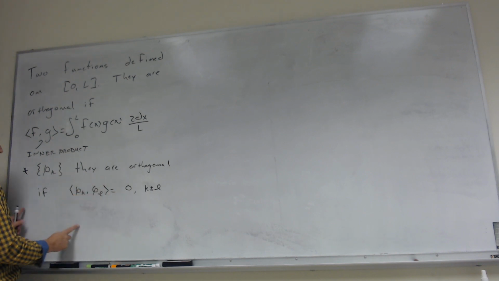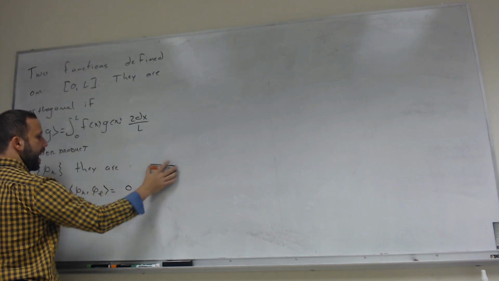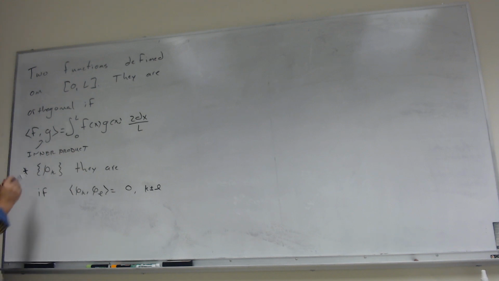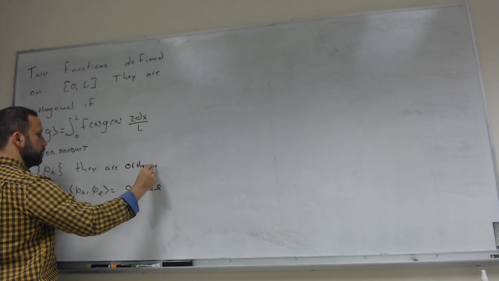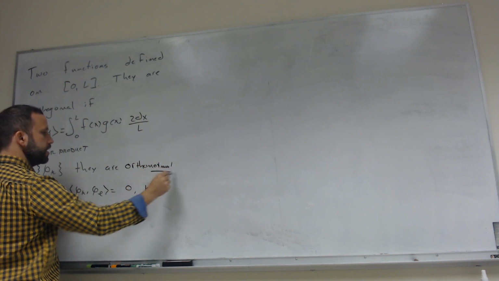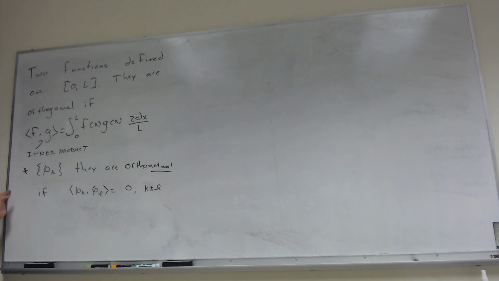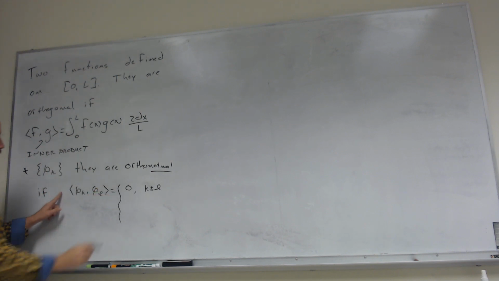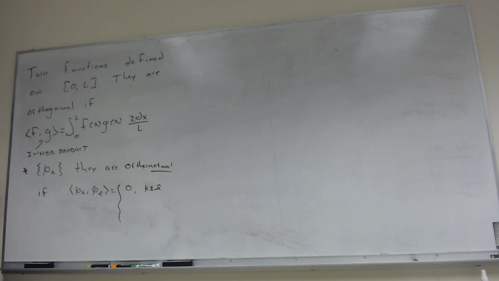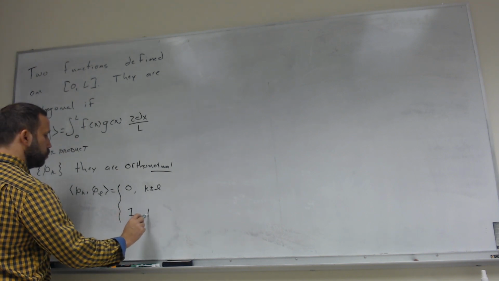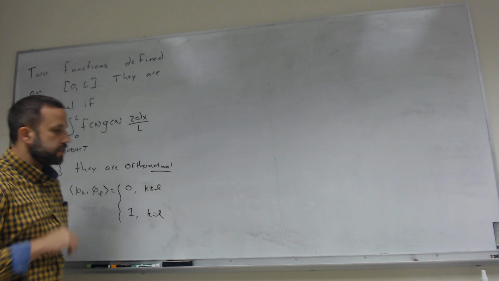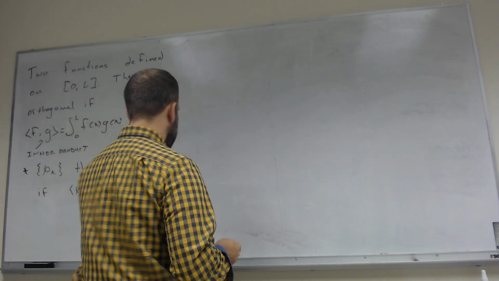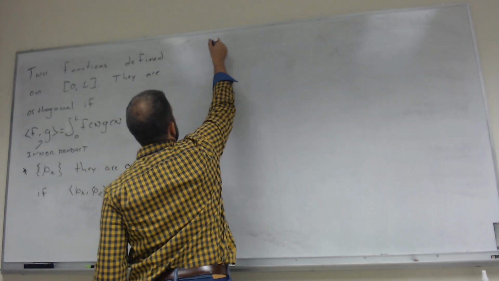We can even make this definition a little bit better. We can say that phi k are orthonormal. Hopefully these words are not brand new to you. We say they are orthonormal if this inner product is equal to 0 when k is not equal to l, and is equal to 1 if k is equal to l. The primary example that we've seen in this class is the cosine and sine functions.